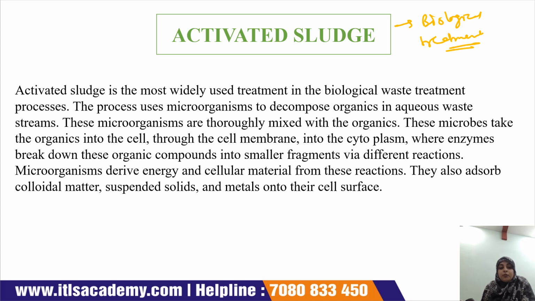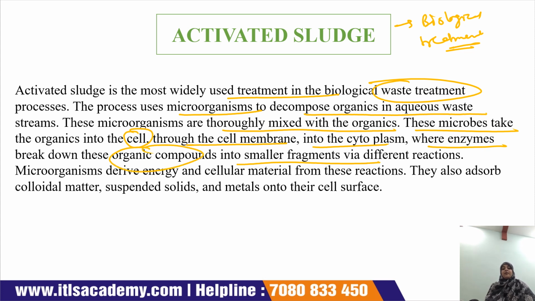Activated sludge is the most widely used treatment in biological waste treatment processes. This process uses microorganisms, and these microorganisms decompose the organic compounds in aqueous waste. These microorganisms are thoroughly mixed with the organic material. These microbes take the organic compound into the cell through the cell membrane into the cytoplasm, where enzymes break the organic compound into smaller fragments with different reactions, and the microorganism derives energy and cellular material from this reaction.